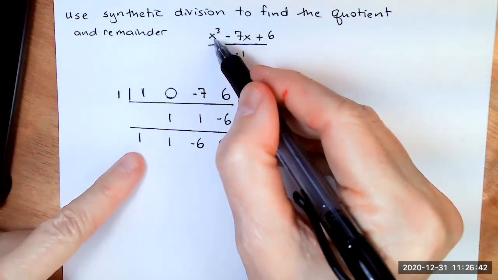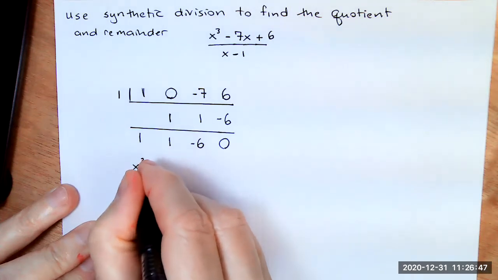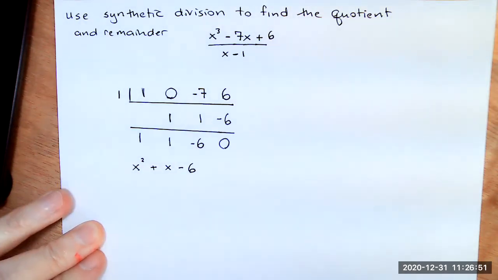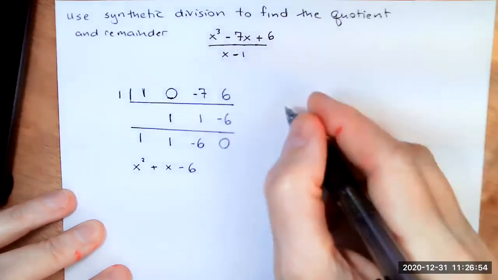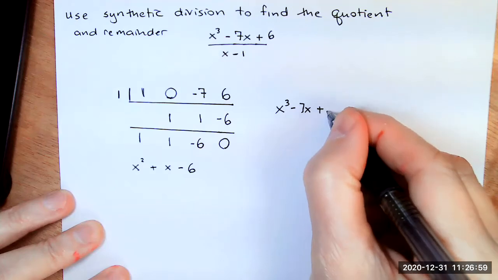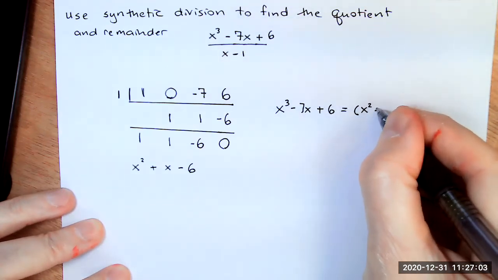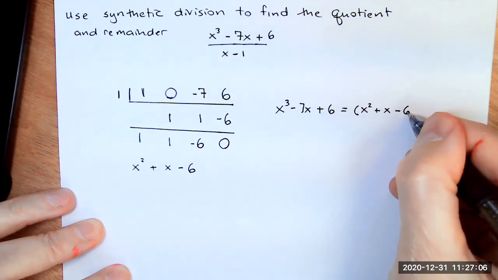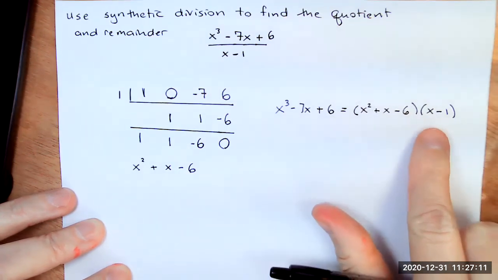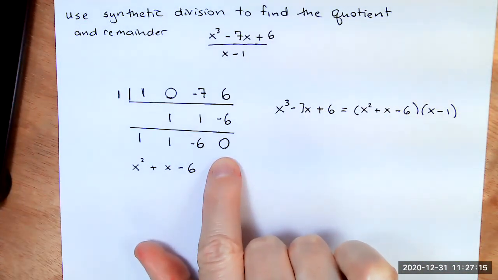We divided x cubed by x, so this is 1x squared plus x minus 6. So x cubed minus 7x plus 6 is x squared plus x minus 6 times x minus 1. X minus 1 is a factor because the remainder is 0.